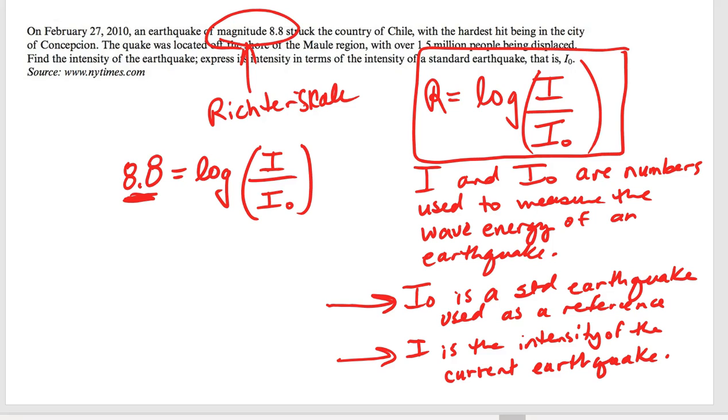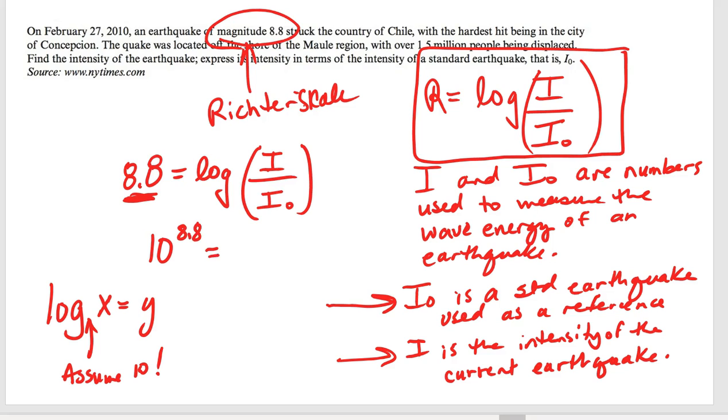So what is our base? In case I haven't emphasized it enough, if there's no base given, we're going to assume it's a 10. That's the most common base. So for this one here, our base will be 10. My exponent is 8.8, and that will be equal to I divided by I sub 0.